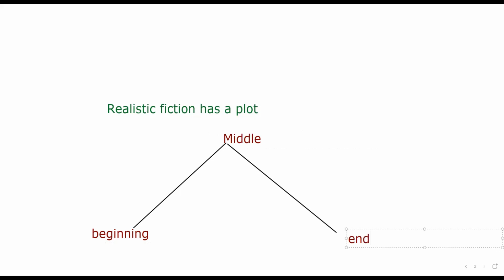And at the end, solutions or resolutions happen. So the beginning is when the story starts, what happened at first, then it goes up to the problem, that's the middle, and later on it slopes down to the end where the characters solve their problem.